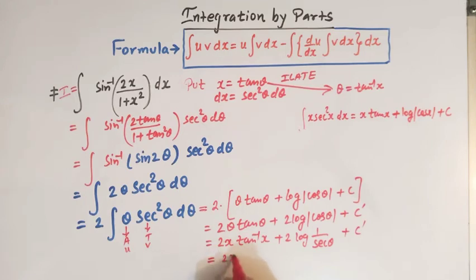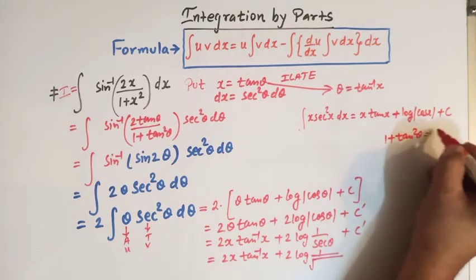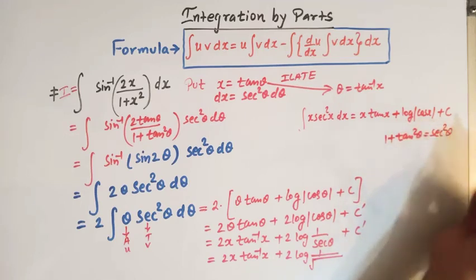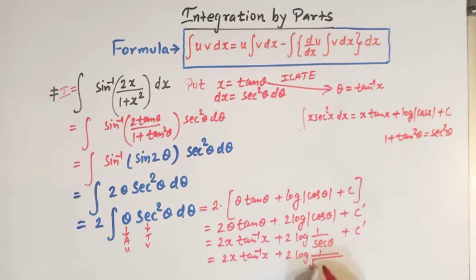Now this is 2x tan inverse x plus 2 times log of 1 over square root of, because we know that 1 plus tan square theta is sec square theta, so sec theta can be written as square root of 1 plus tan square theta, plus c prime.